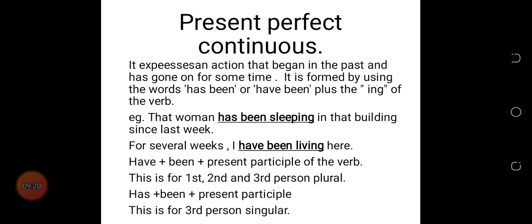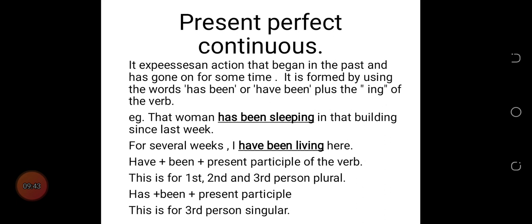So when we have he, she, it, that is the third person singular. So when you say she has been, you are right. She will go with has been. So she has been playing since morning. Okay, she has been playing since morning.